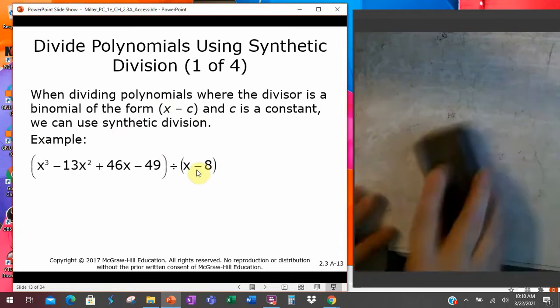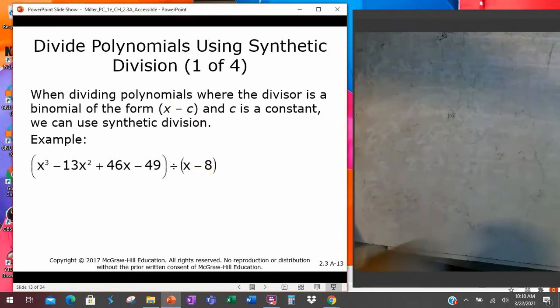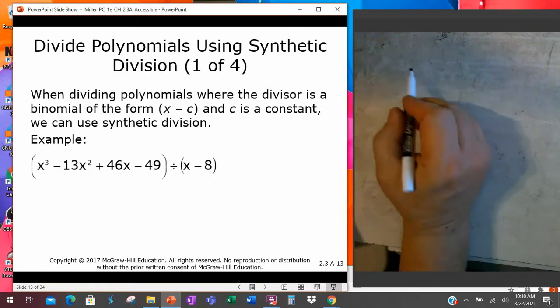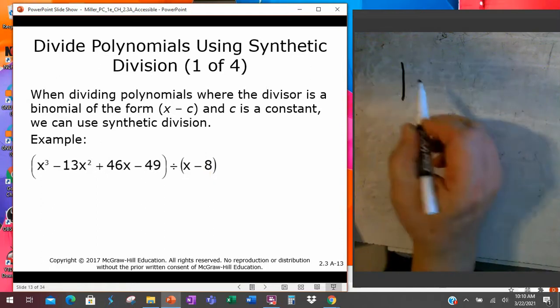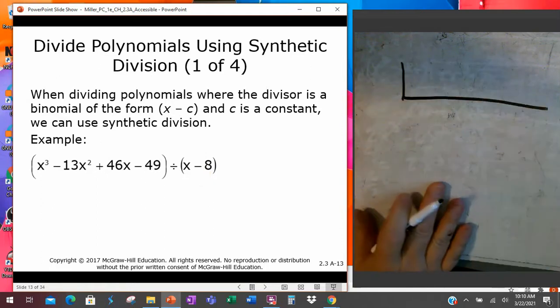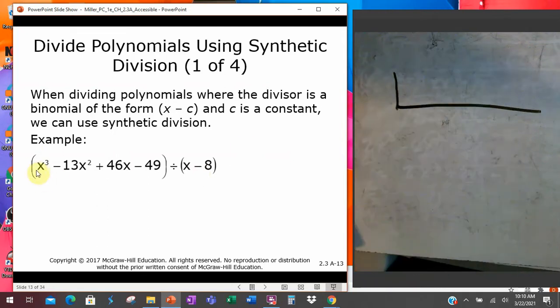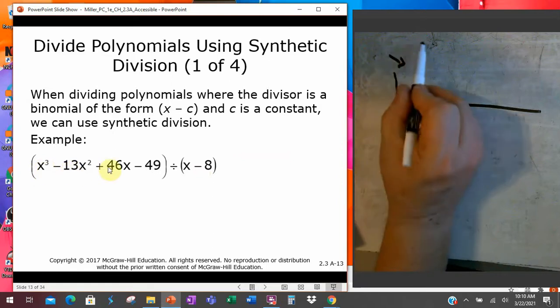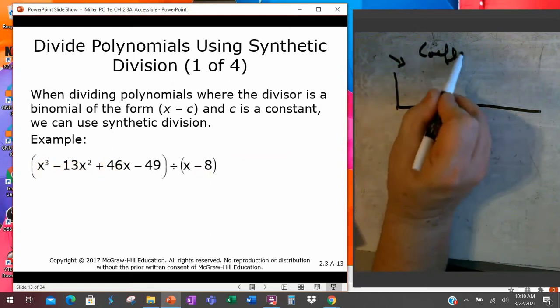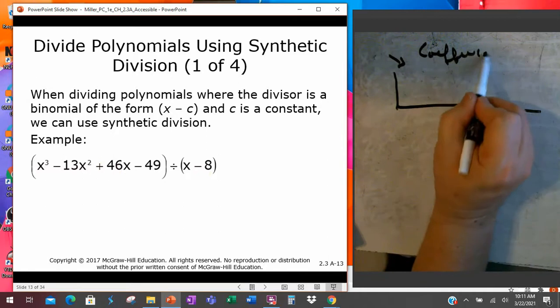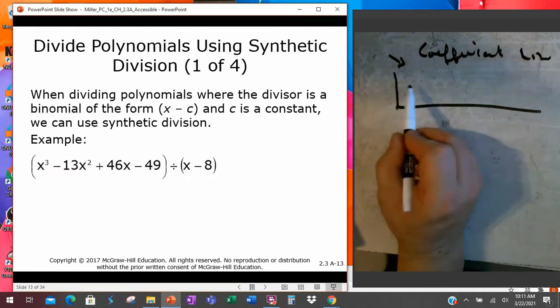I want to divide this. Now here's the way we're going to do this. I'm going to invert that division symbol. I'm going to write what we're doing, and I'm only going to write the coefficients. So this is called the coefficient line. Coefficient line is the top.